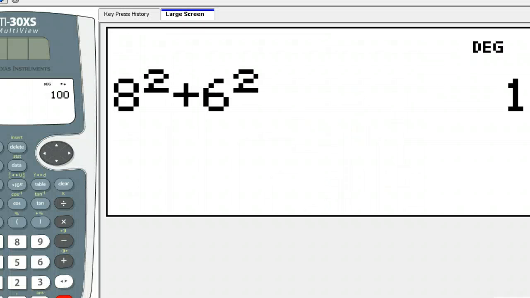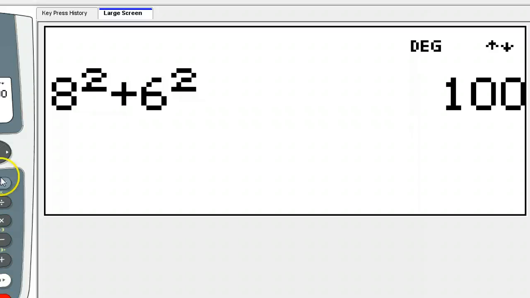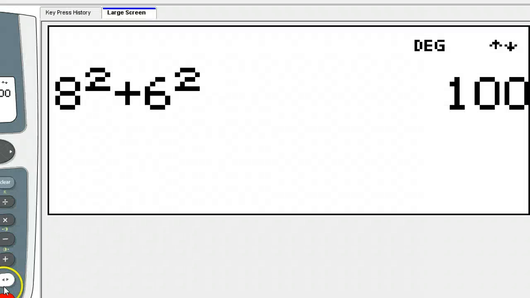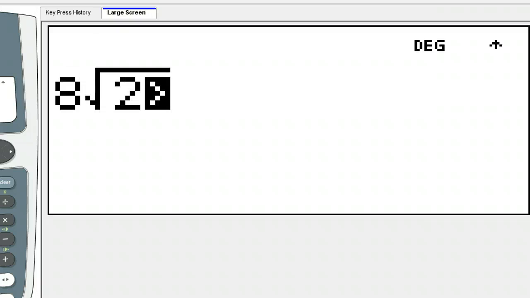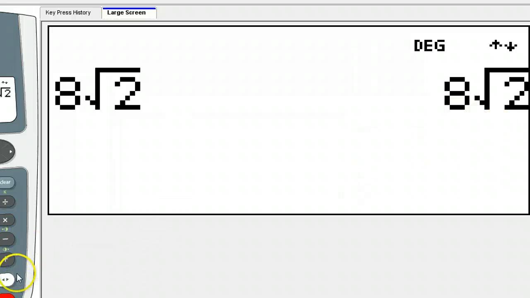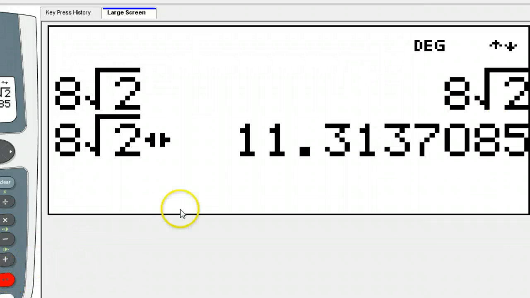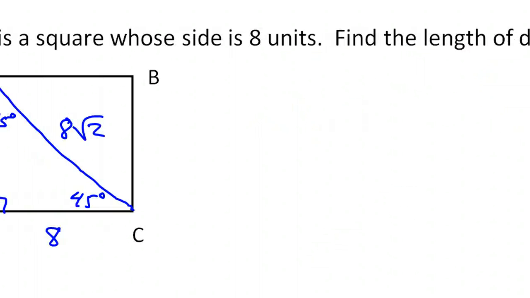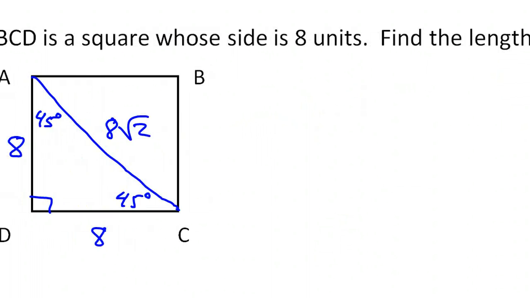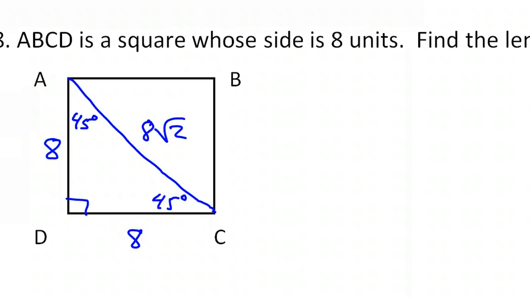So we will go to the TI-30XS MultiView, and we will type in 8 radical 2. At first it just gives us 8 radical 2 again, but then we hit this toggle button to force the decimal out of it. So that's 11.3. Were there any actual units? No, just units. So that's it for number 8, 11.3.